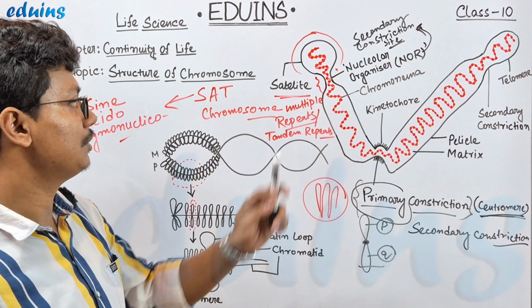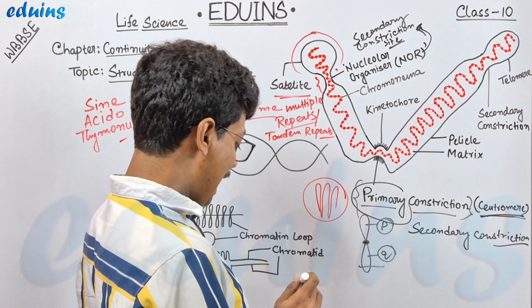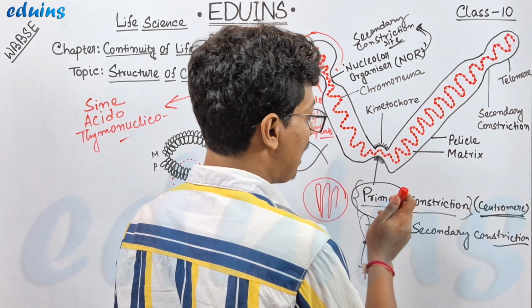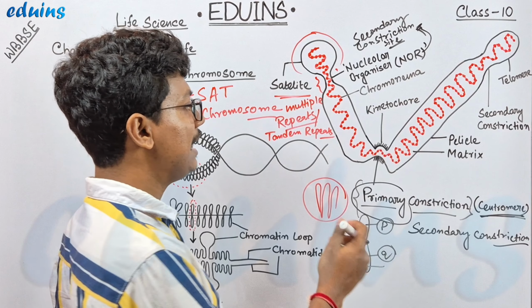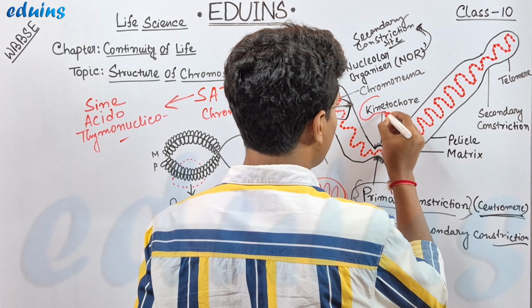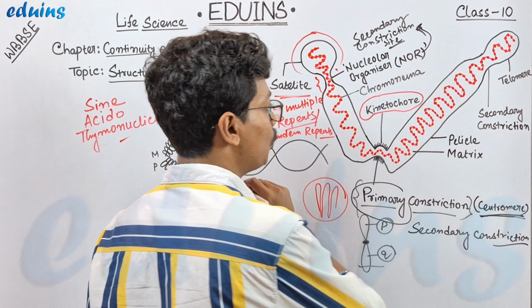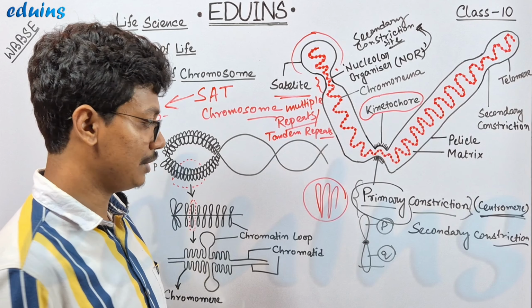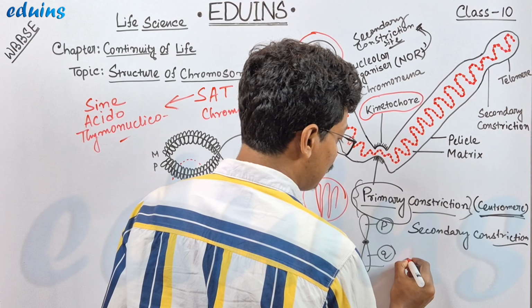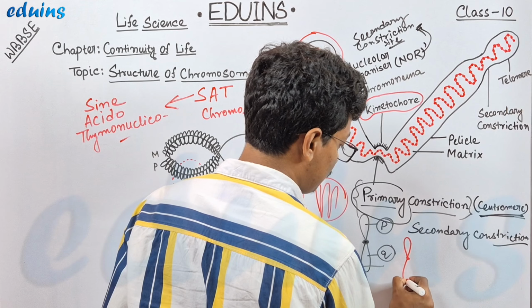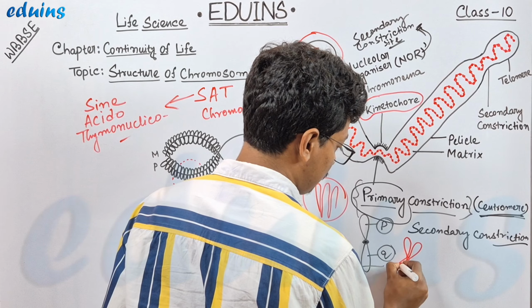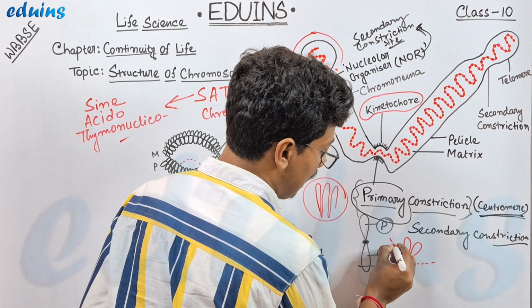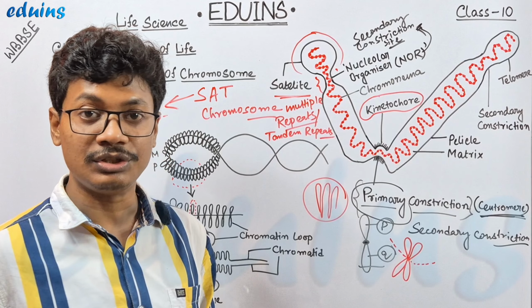One thing is that in the primary constriction region, there is a special protein known as kinetochore. We have already discussed it in cell division. What is the function of kinetochore? When cell division occurs, the spindle fiber attaches to the centromere region.